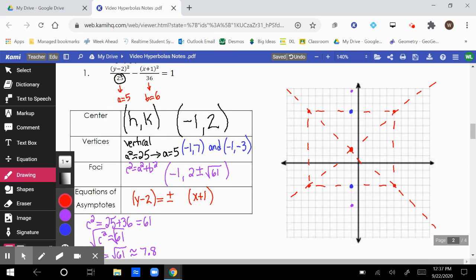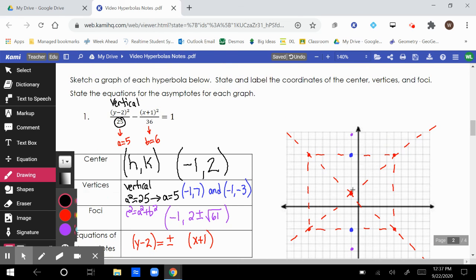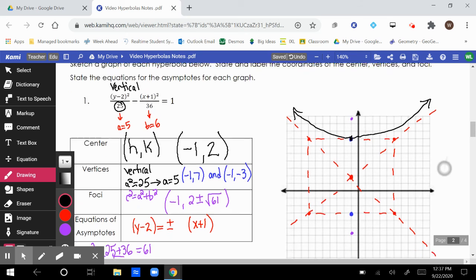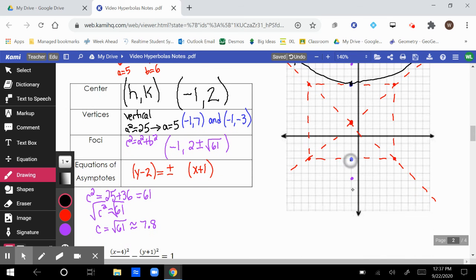You're almost done. Now we're ready to actually draw our two curves. Your curves start at your vertices. Start at one of your vertices and approach your asymptotes without actually touching them. Since this is vertical, you notice your hyperbola opens up and down.